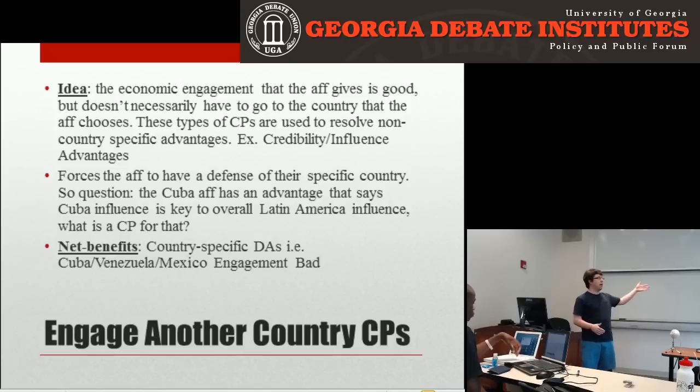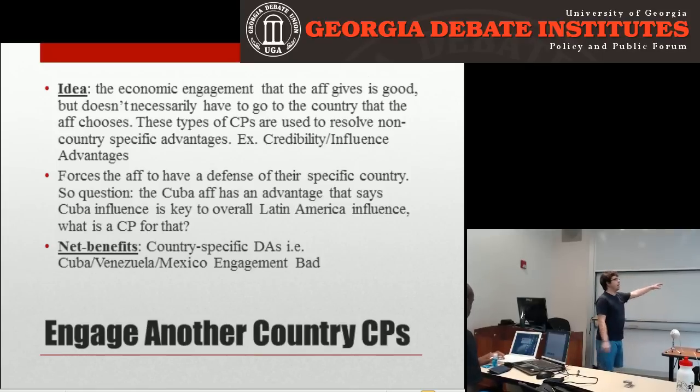Because you have a counterplan that also does engagement. Does that make sense? As long as you're engaged, you're still going to solve. Exactly. So apparently there's an Obama credibility add-on, or for example, the U.S.-Cuban relations advantage. That's not really a U.S.-Cuba relations advantage. It's like a Latin America influence advantage, and there happens to be a card that says Cuba is key, right?